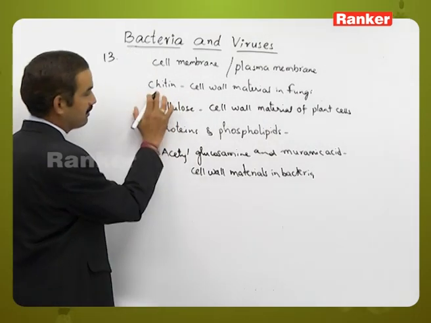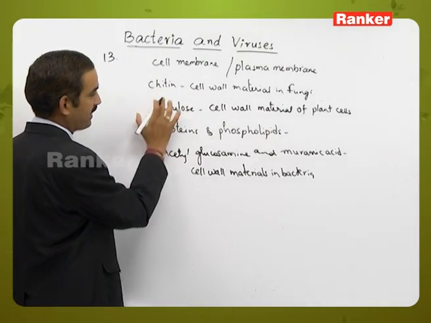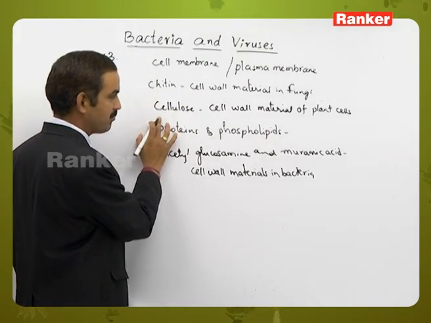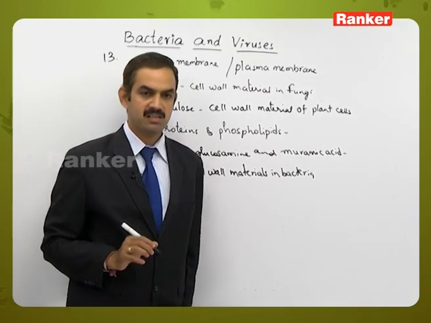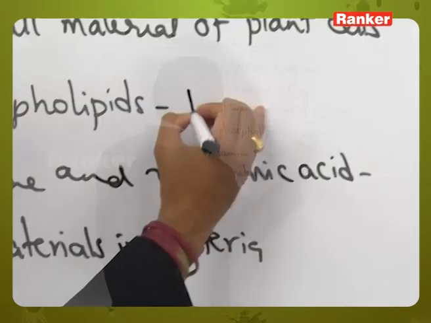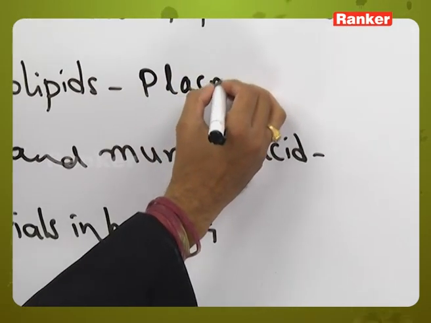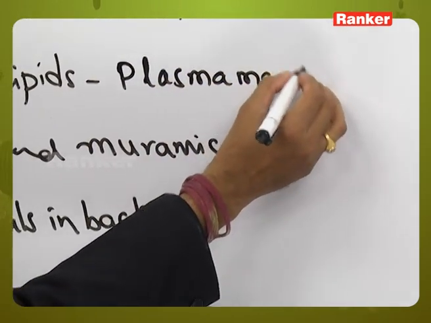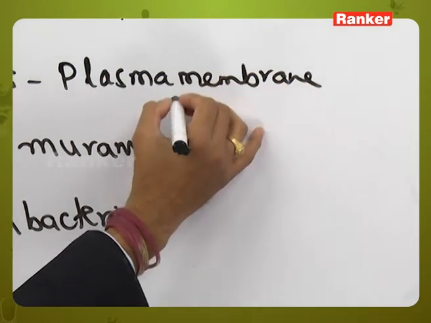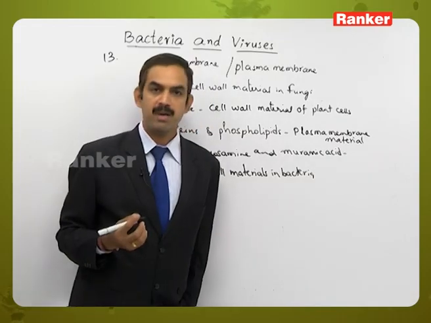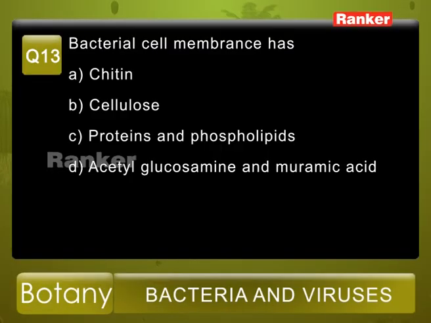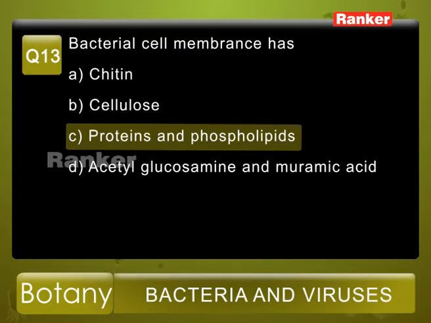So, chitin is a cell wall material in fungi, cellulose is a cell wall material in plants, and acetyl glucosamine and muramic acid are the cell wall materials in bacteria, whereas this is a plasma membrane material or cell membrane material present in all living organisms including the bacteria. So, from the given options, option C is the correct answer.